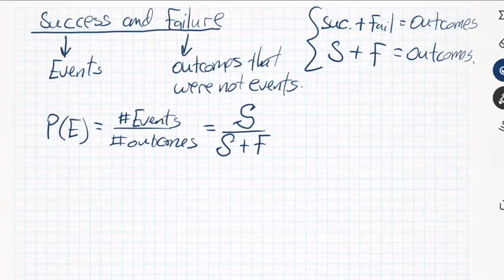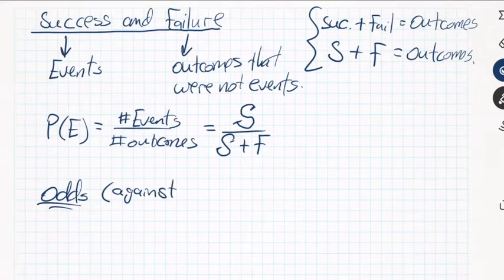Now, when we can break it apart into successes and failures, that leads us into what's called odds. And the odds that we're going to be talking about are the ones that are called against, and these are used for gambling, basically. It can be used in different ways. Now, odds against just means that the failures are going to come first.